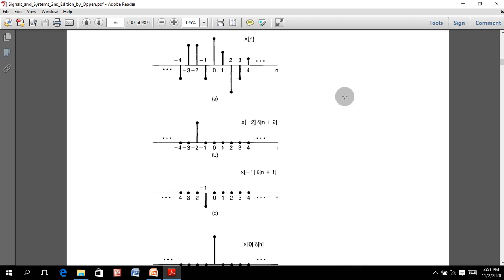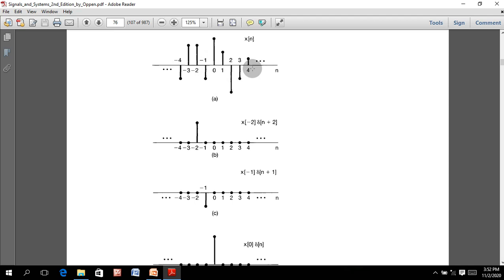But there could be a problem where there is a condition where we can be provided with a minus 4. The condition could be that the value of n should be in between minus 4 to plus 4. So for that reason, we can construct this whole signal using 1, 2, 3, 4, 5, 6, 7, 8, 9 different signals.